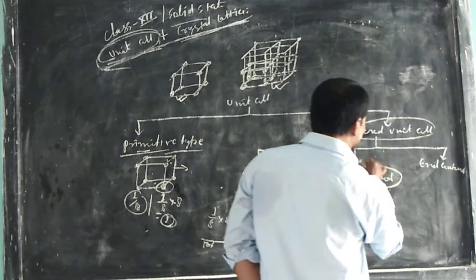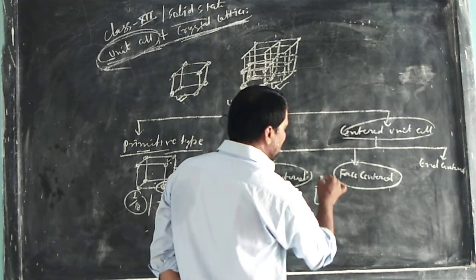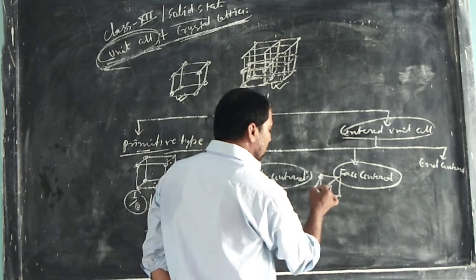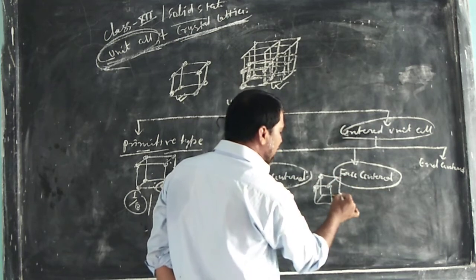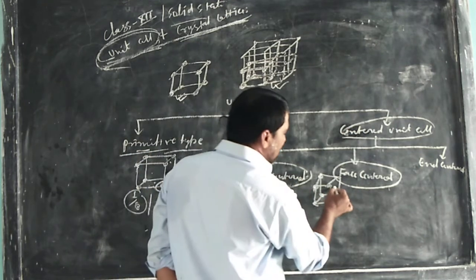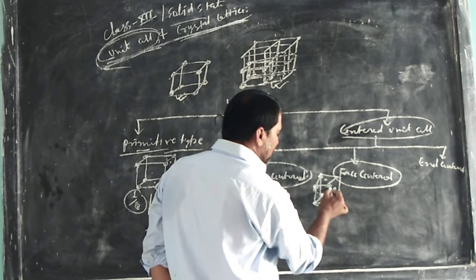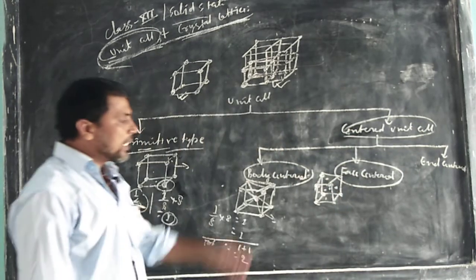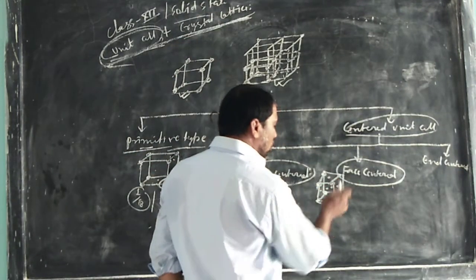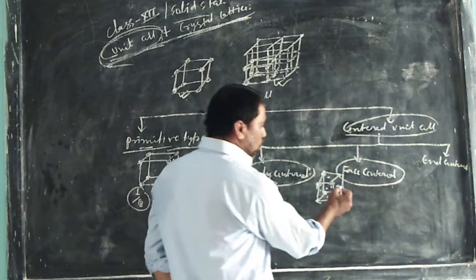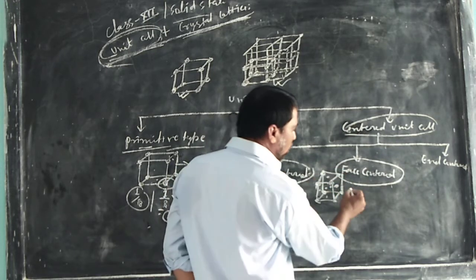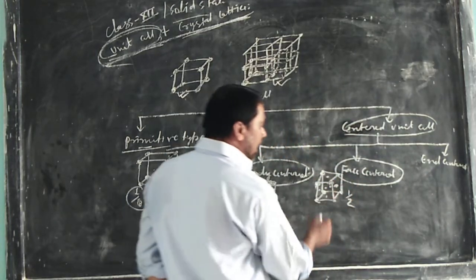Now, in the case of face centered unit cell, which may be diagrammatically shown, constituent particles are located at each corner of the unit cell as well as the center of each face. Since in a particular unit cell there are 6 faces and each face is shared with an adjacent unit cell, the particle located at the center of the face contributes only 1 by 2, and there are 6 faces.